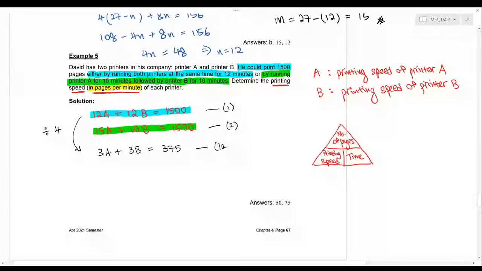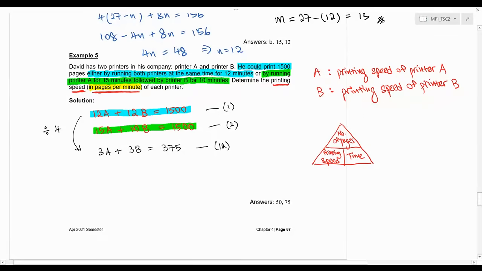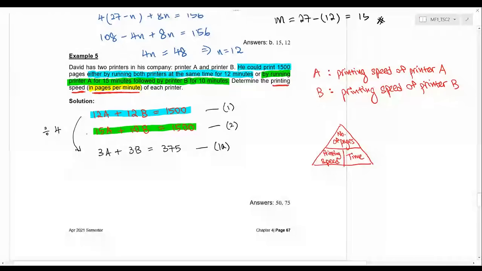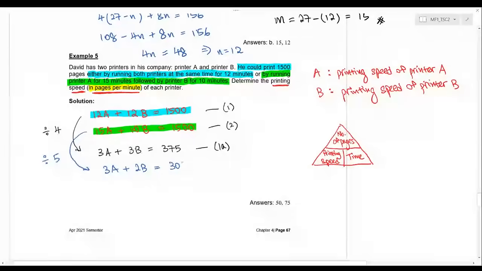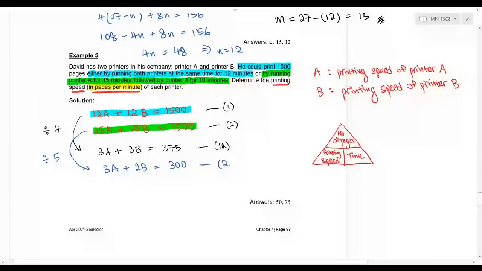Let's call this equation 1a, and I can also do the same for equation 2. If I divide it by 5, you'll see that this is 3a plus 2b equals 300. And this is now equation 2a.